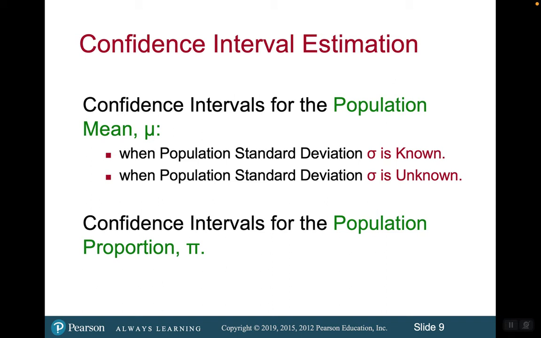So we can calculate confidence intervals with these two scenarios. And what we call the confidence intervals for the population proportion, which is our pi symbol here. So this symbolizes the population mean and the population proportion.